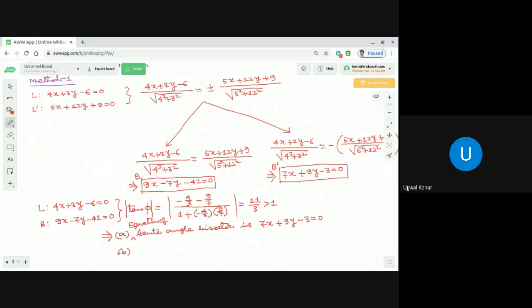And eventually, the equation of the obtuse angle bisector is 9x minus 7y minus 41 is equal to 0.